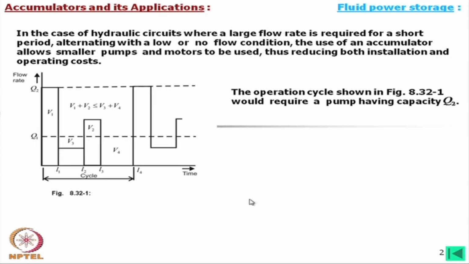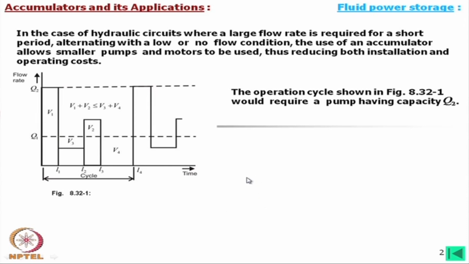So, basically we store the energy when the full energy is not required for the operations, and it is kept in store and utilized when more power is required, more pressure and flow are required.